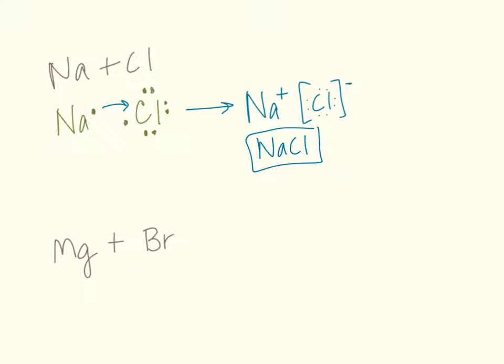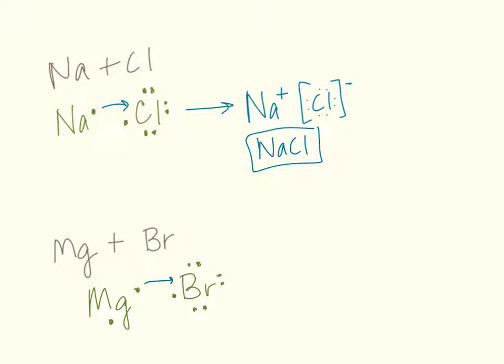Alright, so in this next one we've got magnesium, and it has 2 valence electrons. And then we have bromine, and it has 7. And so bromine can only accept 1 more electron right here. So after it accepts that 1 electron, it can't accept anymore.